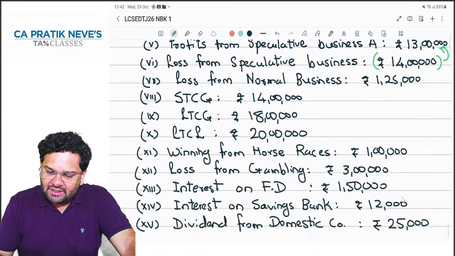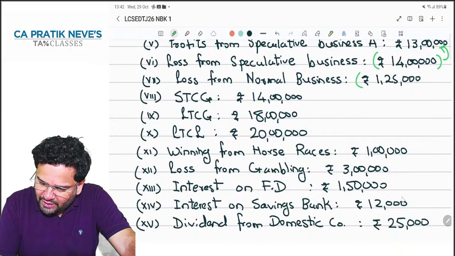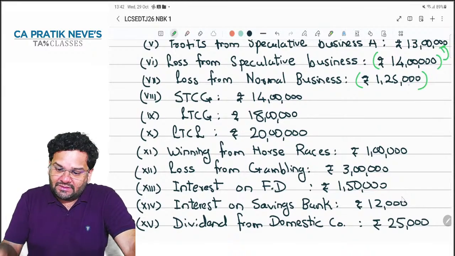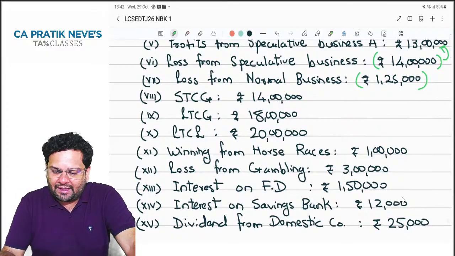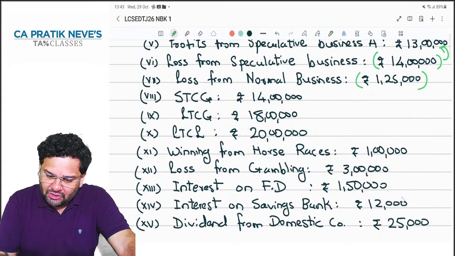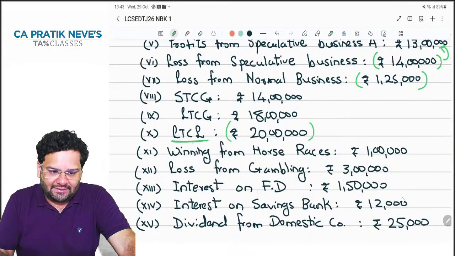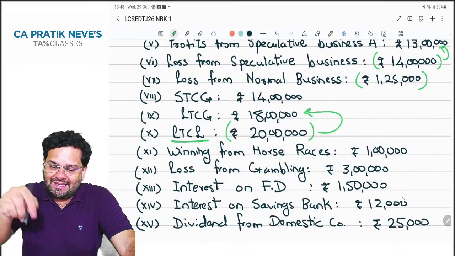Then friends, there is a loss from normal business, 125. Let's see what to do with that. There is a STCG, means short term capital gain of 14 lakh, long term capital gain of 18 lakh. You know, long term capital loss is there of 20 lakhs. This can be set off against long term capital gain.